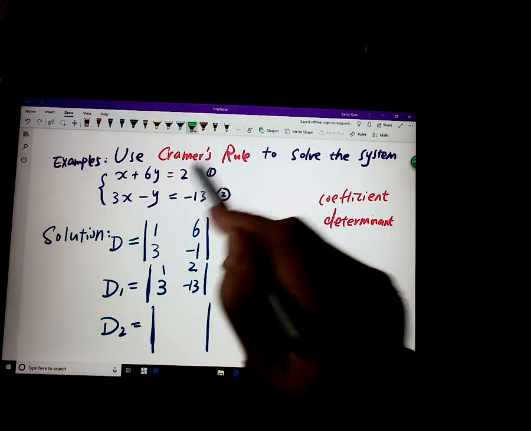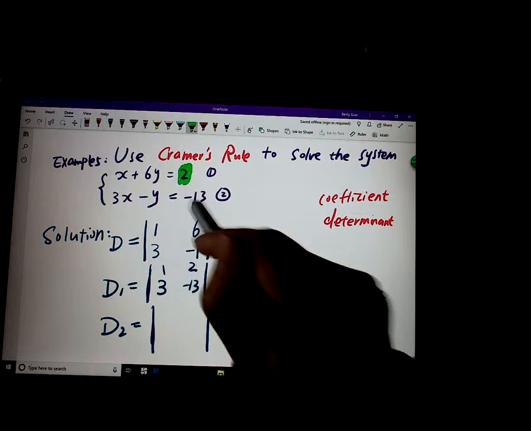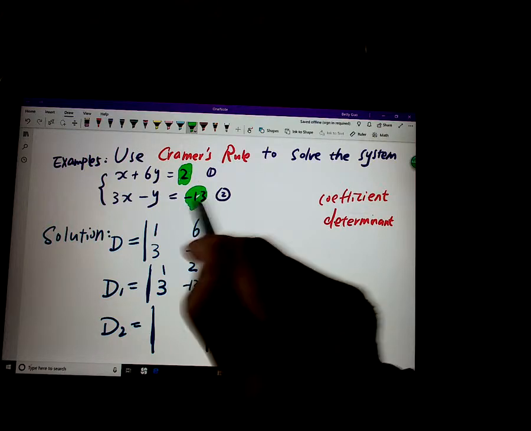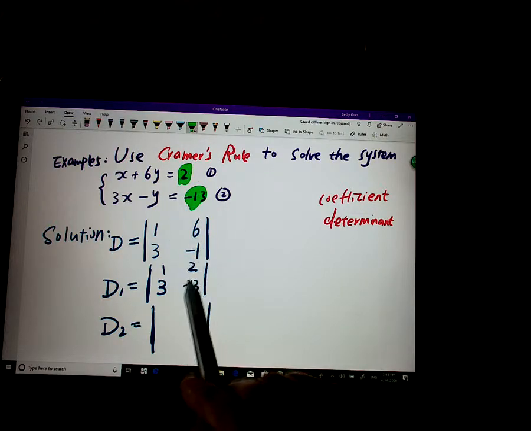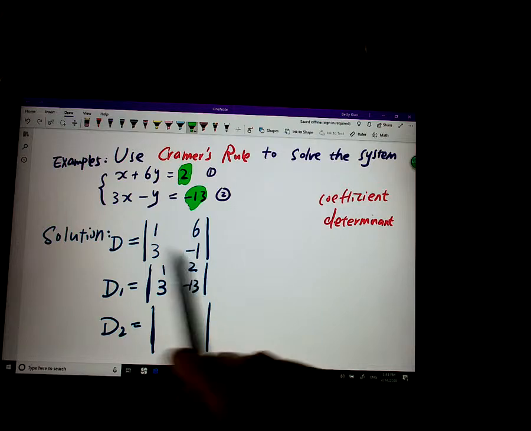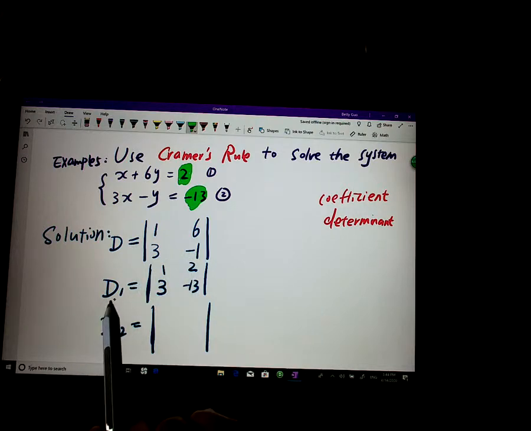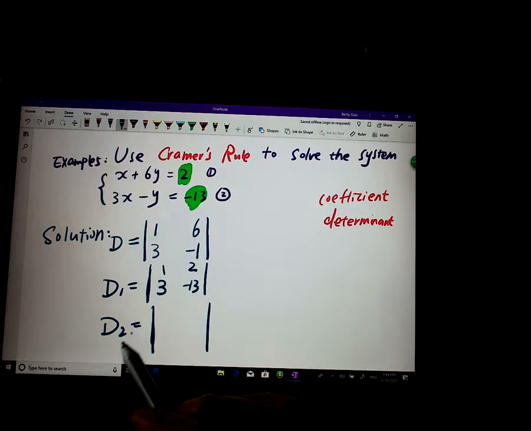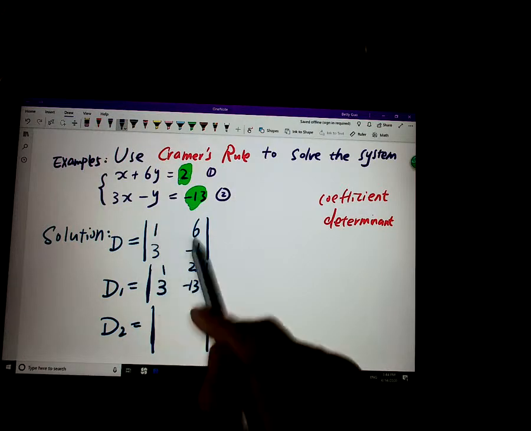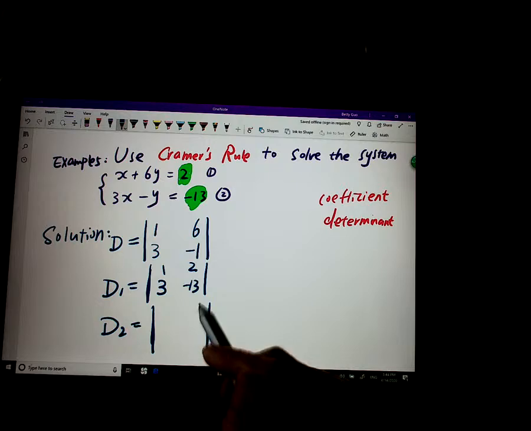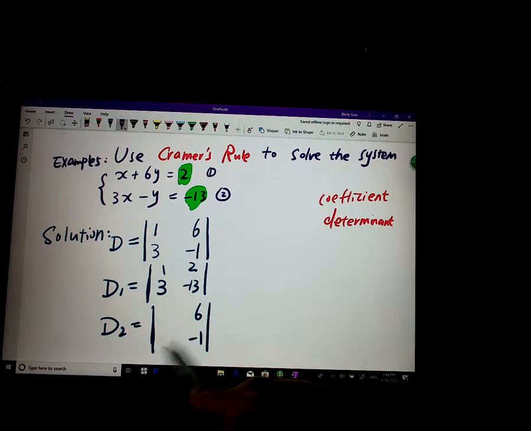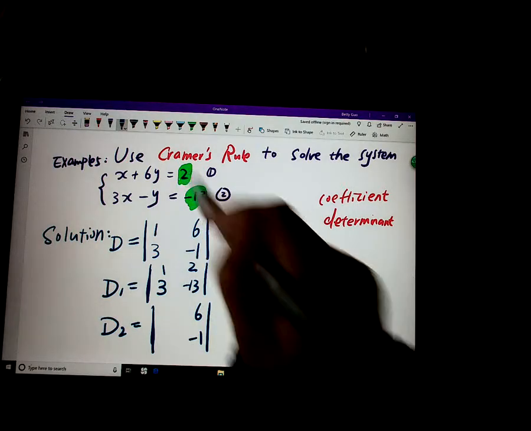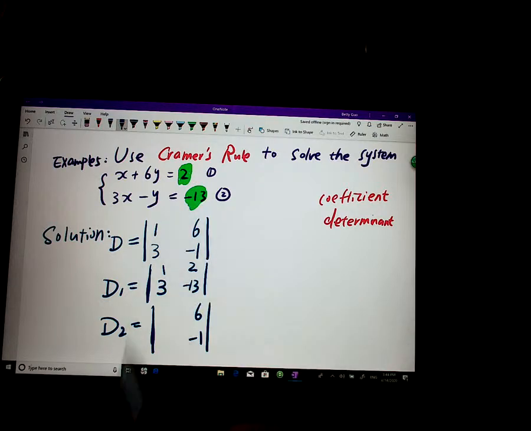The two constant terms on the right-hand side of the equations, we use them to replace column 2 in D to get D sub 1. Then you might guess how we create D2. In D2, we keep column 2 in D, 6, -1, and column 1 is going to be the two constants in the equations, 2, -13.